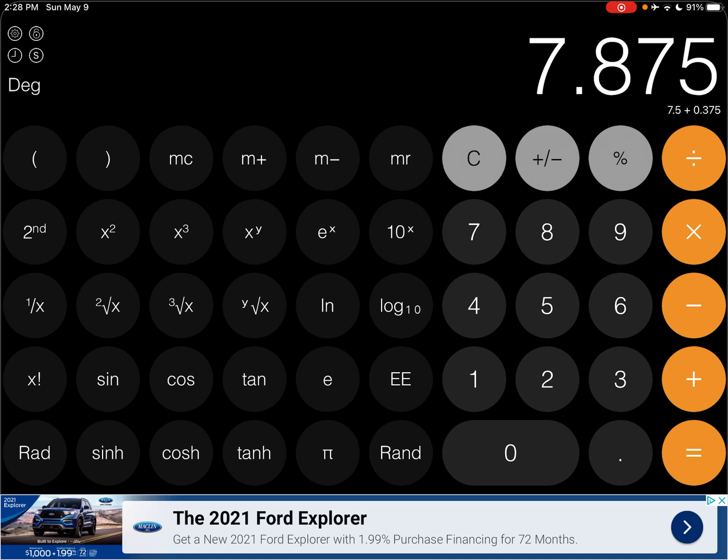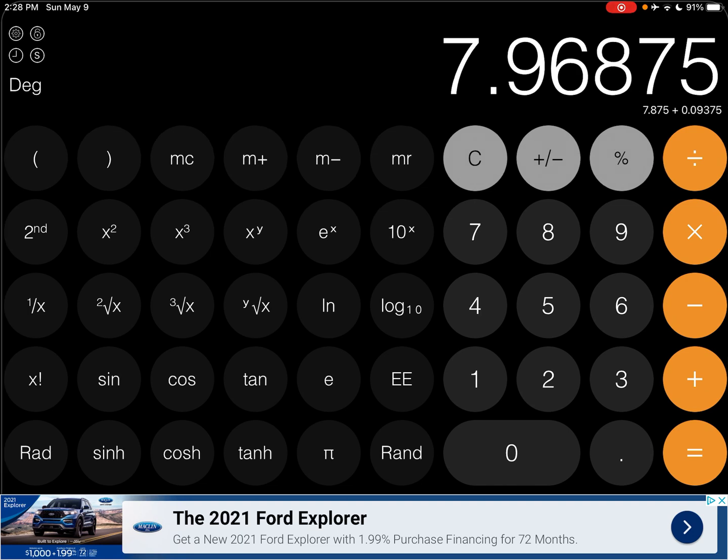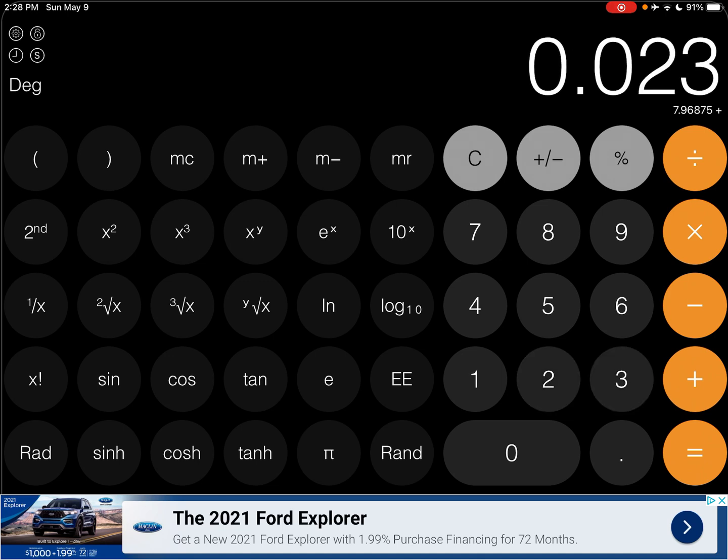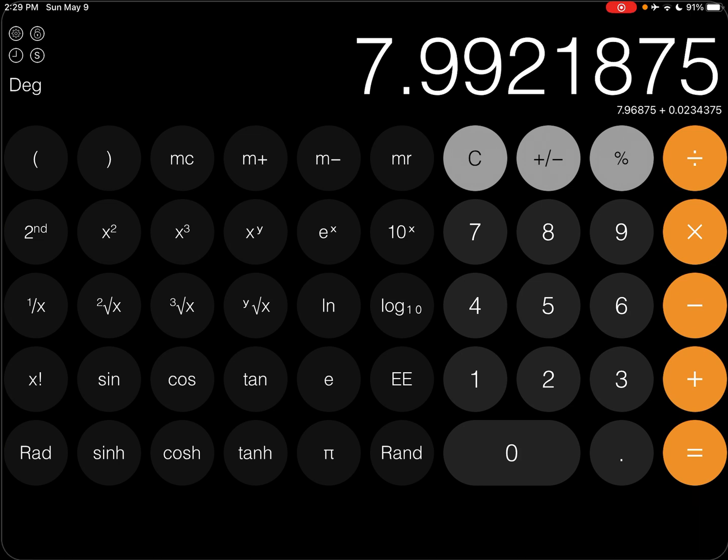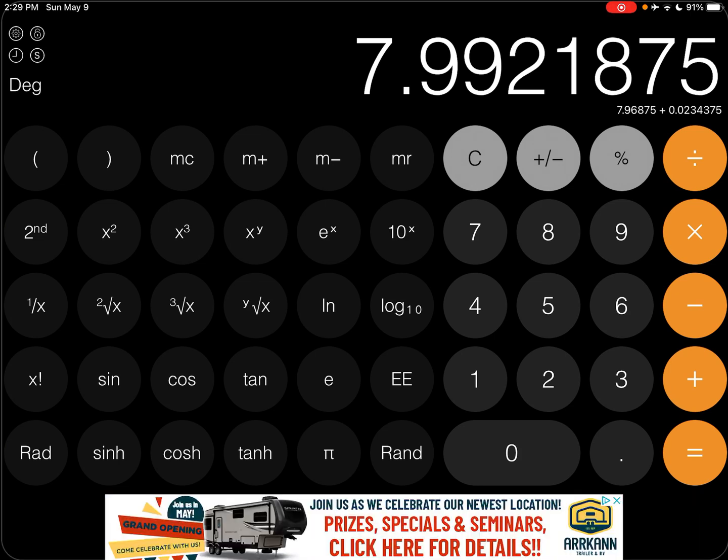S4, I have to add the fourth term. So I'm going to add 0.09375, and I get 7.96875. Now I'm going to add the fifth term, which is 0.0234375, and I get 7.9921875. I'm just getting a pen because I know I'm not going to remember this.